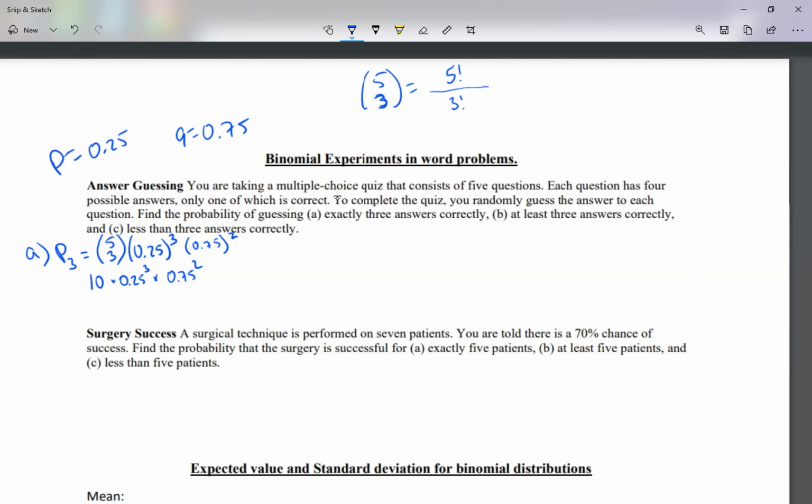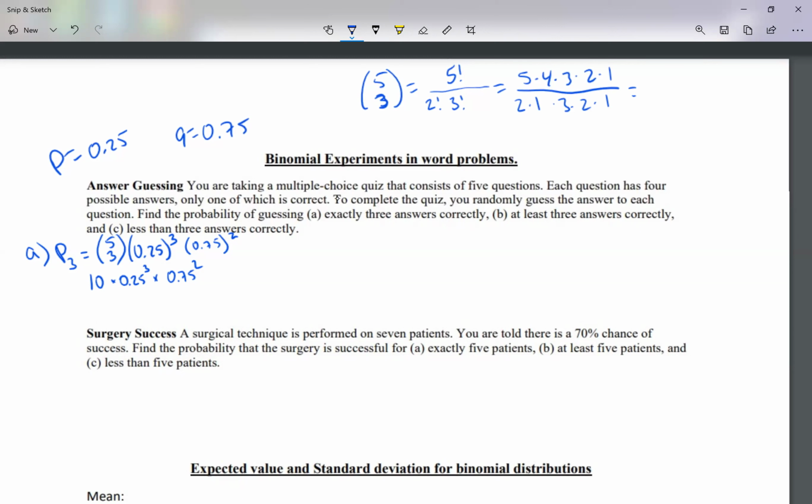But I also subtracted those two numbers, 5 minus 3. I know 5 minus 3 is 2. So at the bottom, I'm also going to have a 2 factorial. Now, 5 factorial is basically 5 times 4 times 3 times 2 times 1. 2 factorial is basically 2 times 1. And 3 factorial is 3 times 2 times 1.